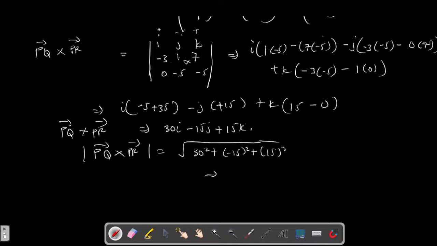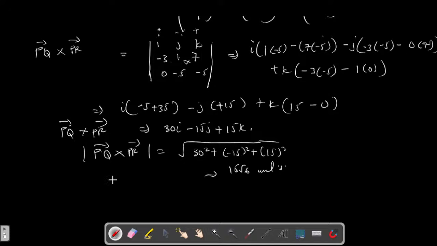So you enter this into the calculator. I'm getting 15 root 6 units. Okay, so 15 root 6, that is our cross product magnitude.